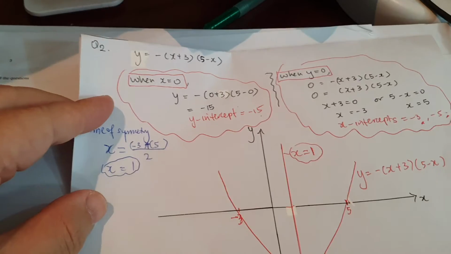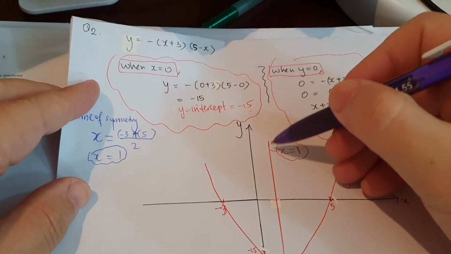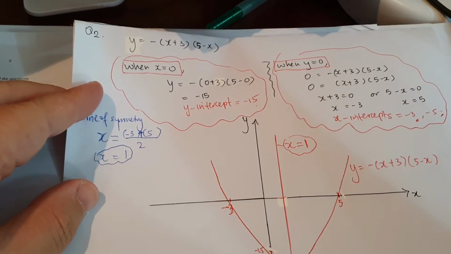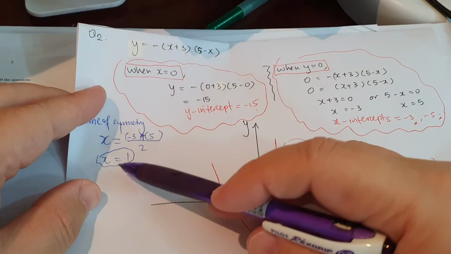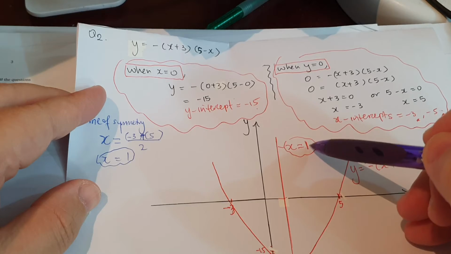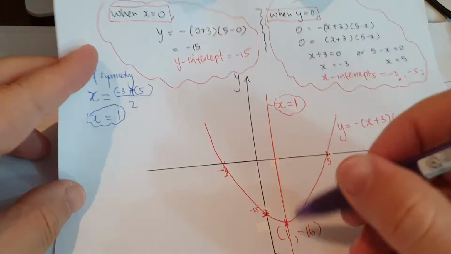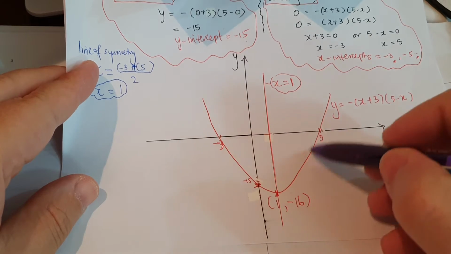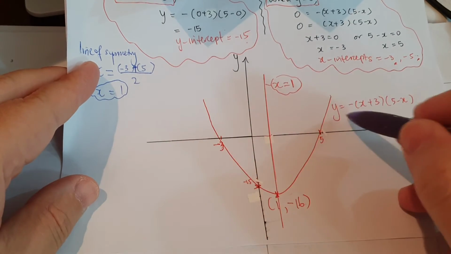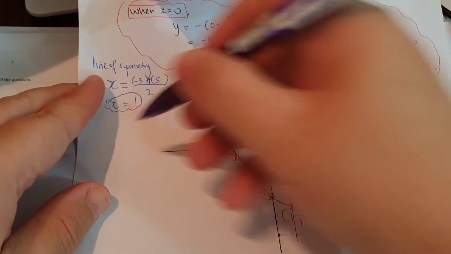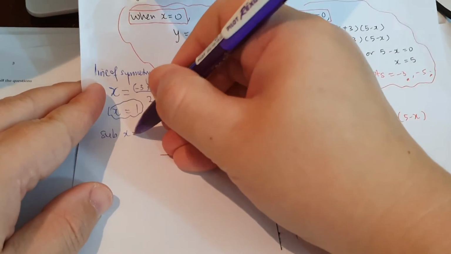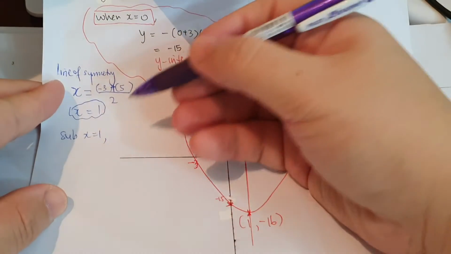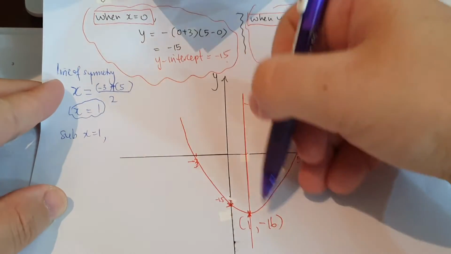Then after that, you know that anywhere here is having the equation x equals 1. Meaning to say that in order to find this y value, this y value must satisfy this equation. So you sub x equals 1 into this equation, then you can get the y value or y coordinate.